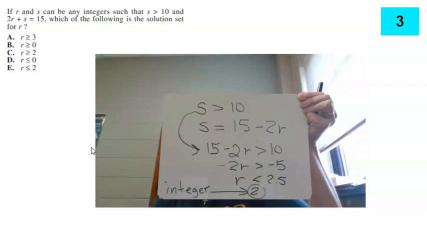Substituting 15 minus 2r for the s gives you that is greater than 10. Solve that inequality and you get r is less than 2.5. Since it has to be an integer and it has to be less than 2.5, the biggest integer less than 2.5 is 2. So the correct answer is r must be less than or equal to 2. The answer was E.